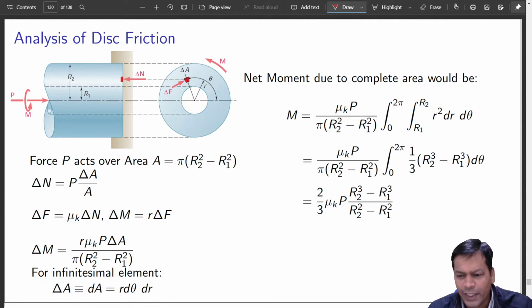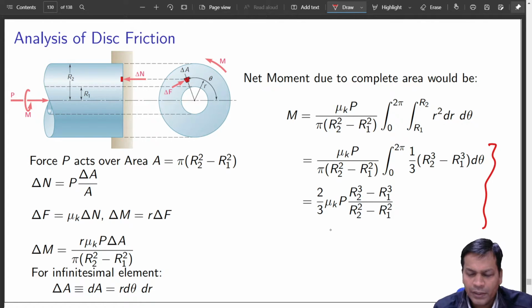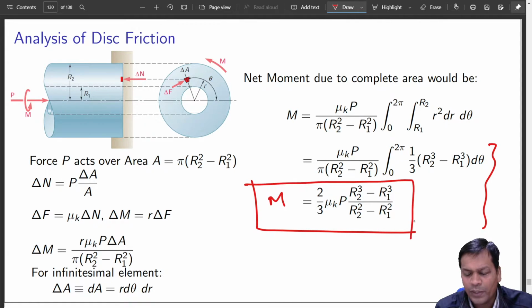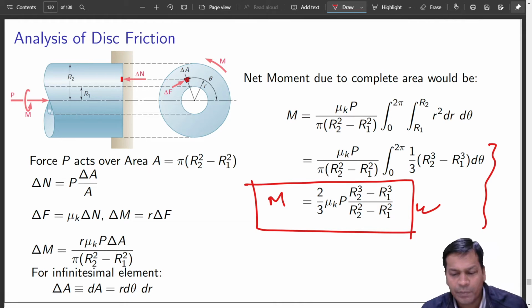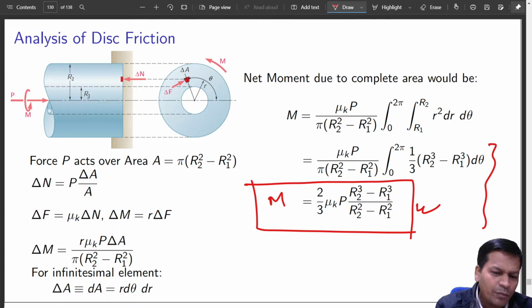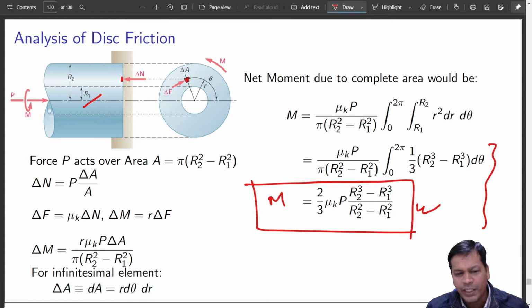What will we get? You can quickly do this. I assume you all can do it in no time. So I got something like this. This is the moment which can be transferred with this type of disk, an annular disk. R1 can be equal to 0 in case of a thrust bearing. Collar bearing is a special case of thrust bearing, is it not?